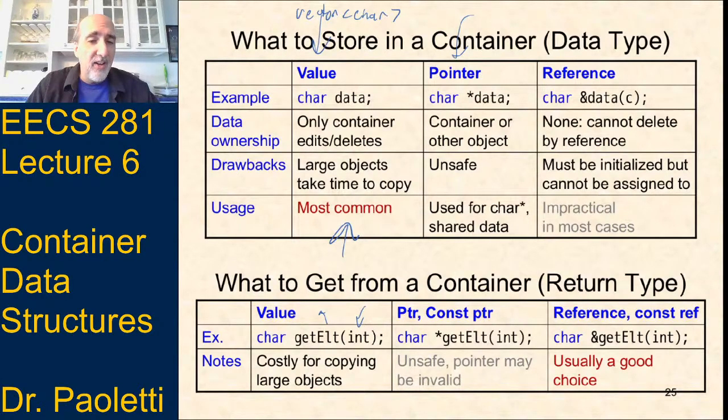The downside of that is if these aren't characters, if it's a vector of big objects, then the get element would have to return a copy of a big object. All right, what if I give you a pointer into the middle of my vector? Well, then that could be unsafe because you might use that pointer in bad ways. You might modify that char pointer and put a \0 there.